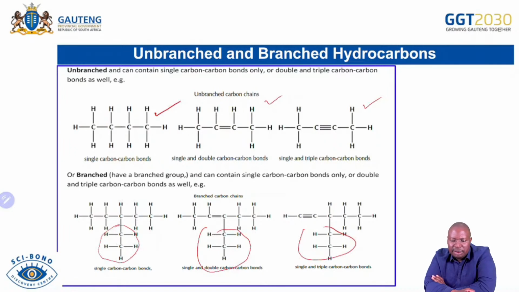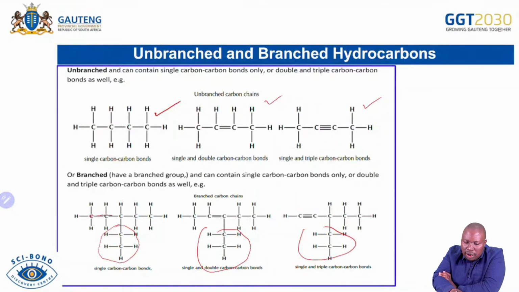How do you know that it is a branch? I usually would say just draw a line without lifting a pen. If you are able to draw and you cover the highest number of carbons, that will be your parent chain, and the other carbons that you are having will be part of the branch. For example, if I draw the longest line there, I will say this is my longest carbon chain.